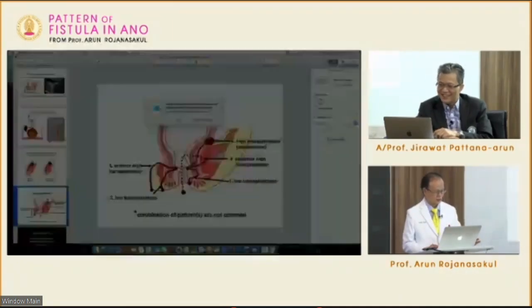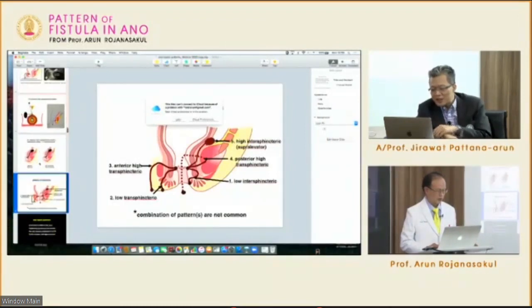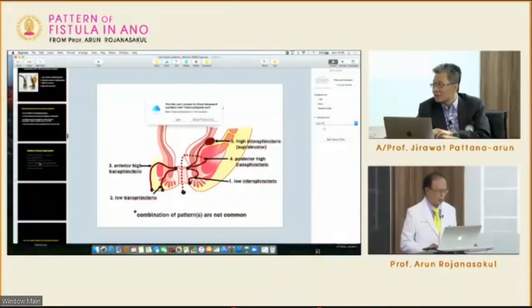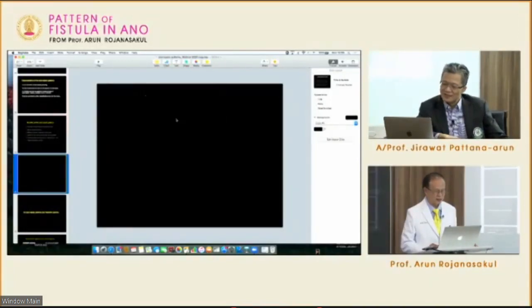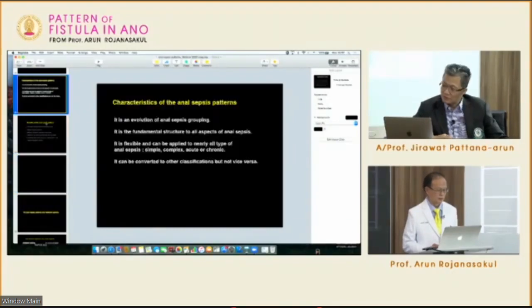Okay. Now we will keep the rest of the questions for later. Many questions are related to the treatments. Can I add to your talk? You think that your new classification of the pattern will benefit the patient, because we can predict the way to treat the fistula without harm to the patient, right?